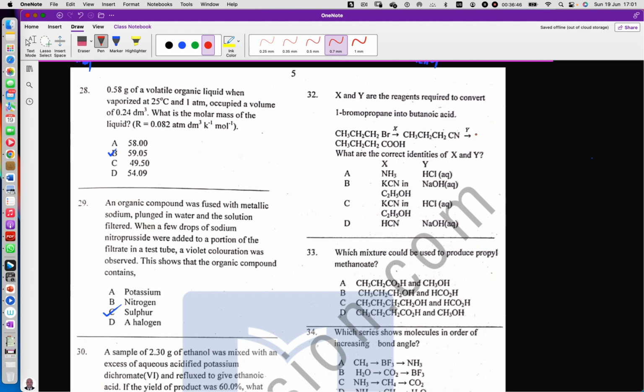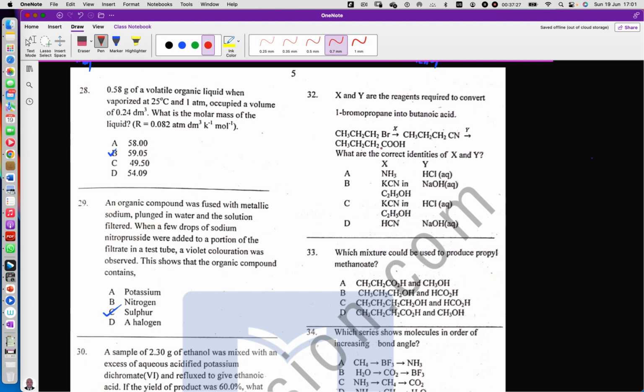In that acid hydrolysis, we remove the nitrogen and it becomes COOH, since the acid in the water provides the OH there. In that case, we have converted the halogenoalkane, 1-bromopropane, to the corresponding acid.